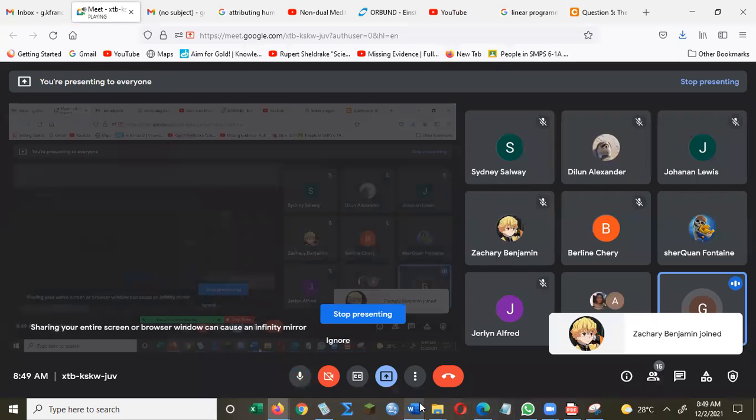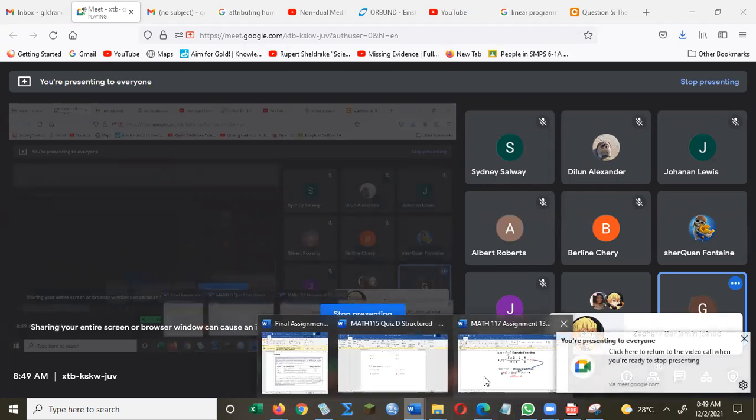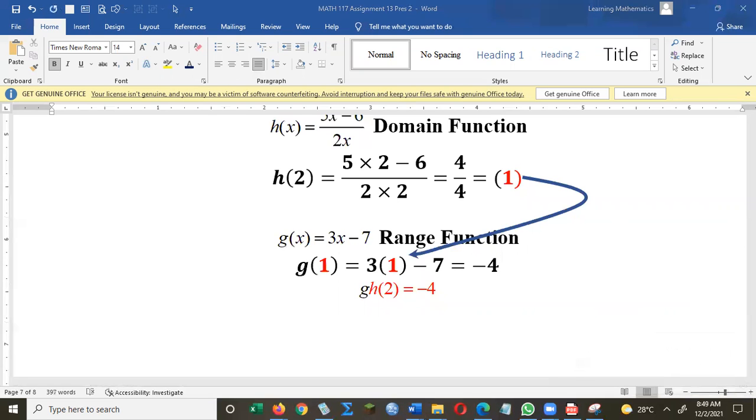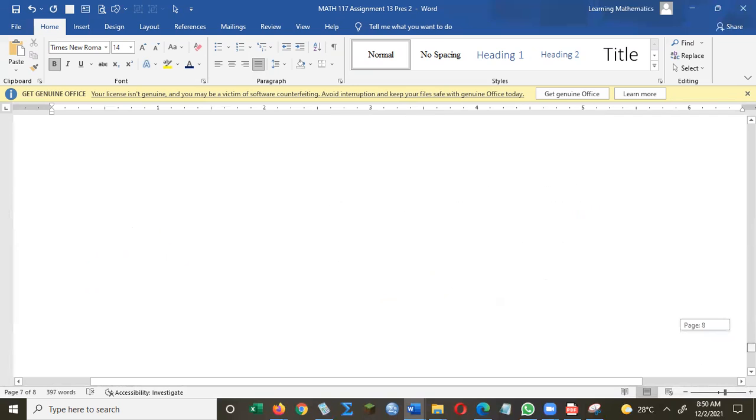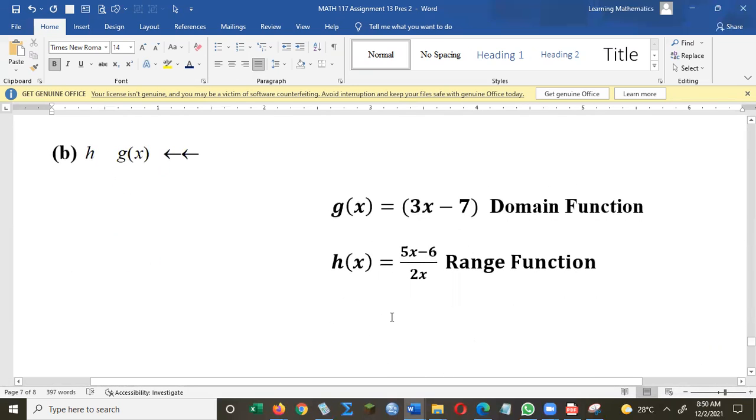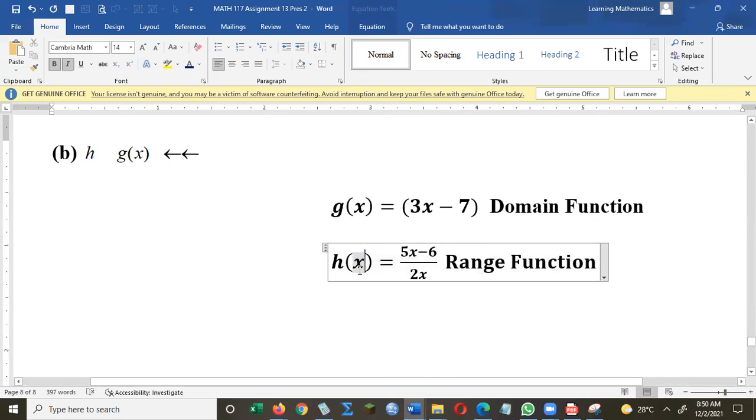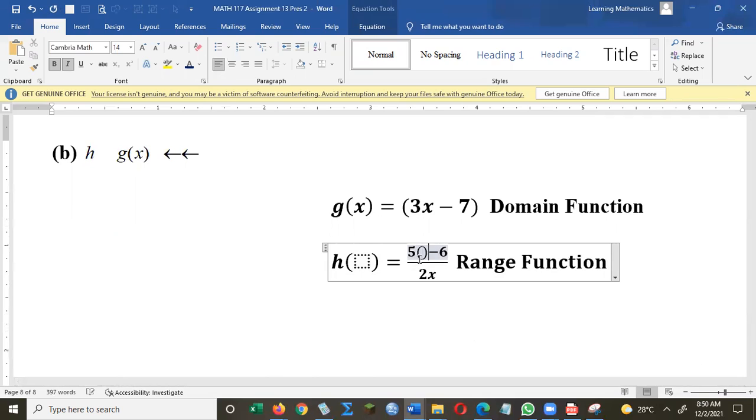So what we have to do now is create brackets. When we write down the range function, there are not supposed to be any x's. All x's have to be converted to brackets. So remember that. And why is that so?